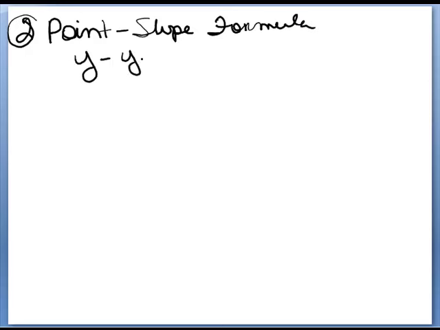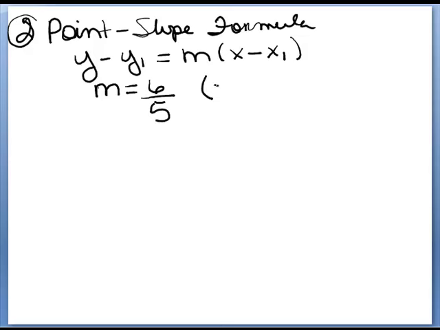y minus y sub 1 is equal to m times x minus x sub 1. So you have the slope, which is 6/5, and we have a point, (-5, 2). Now you can use (0, 8).